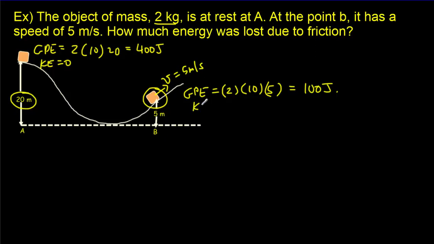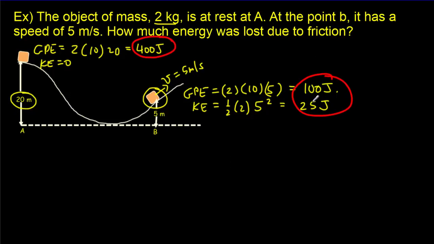So let's calculate its kinetic energy at that point. It's going to be 1/2 times 2 times the speed 5 all squared. So we're going to get 25 times 2, 50 divided by 2. That's 25 joules. In other words, we've accounted for 125 joules out of the original 400 joules that we had.